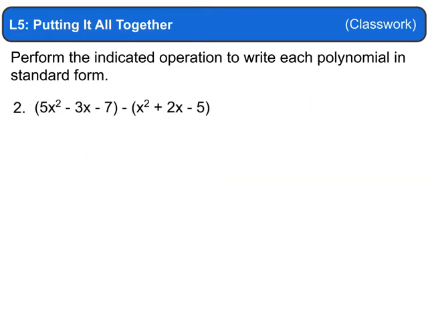So if we look at number 2, notice this is subtraction. Subtraction does not require an area model or anything like that. It requires us to find things that are like terms with each other. For example, if I look at this term and this term, they are alike. They both have x squared. So 5x squared minus x squared would give us 4x squared.